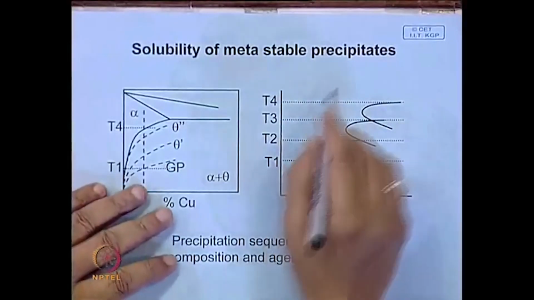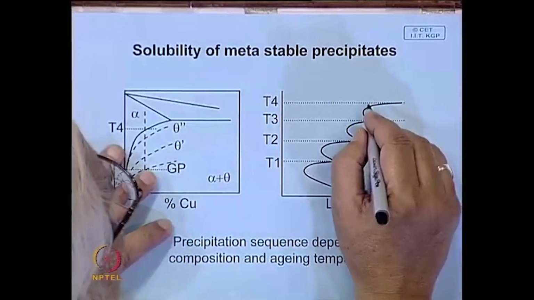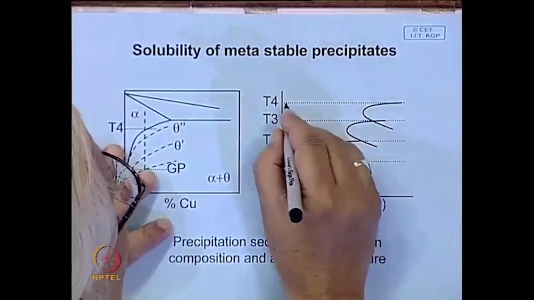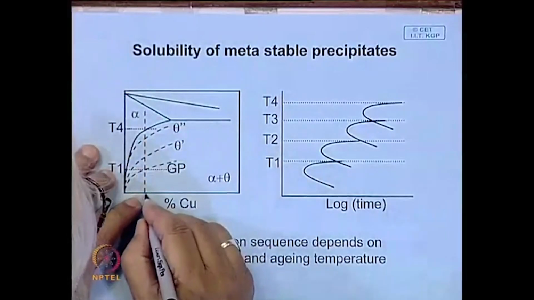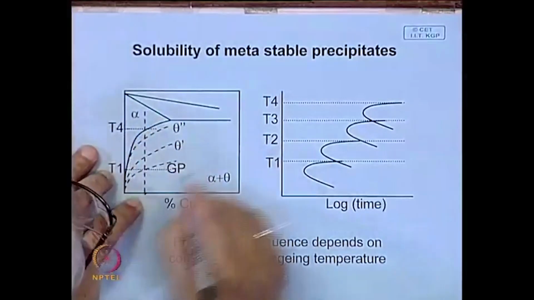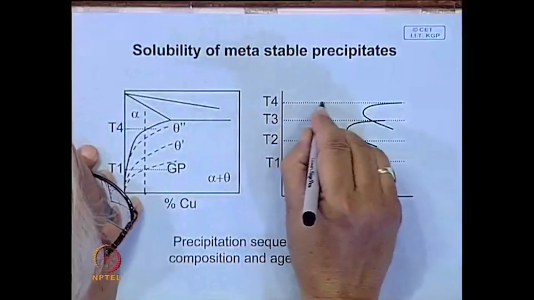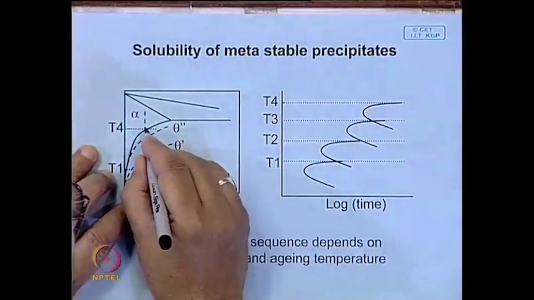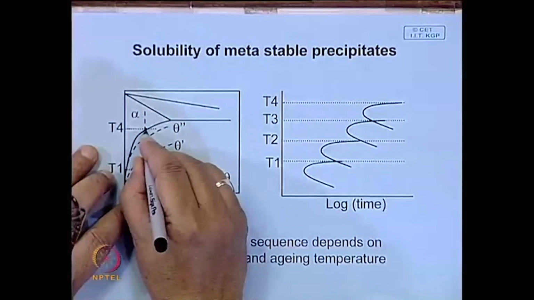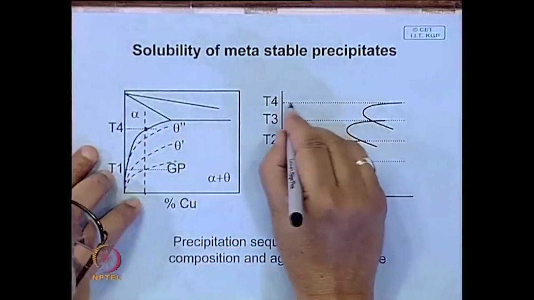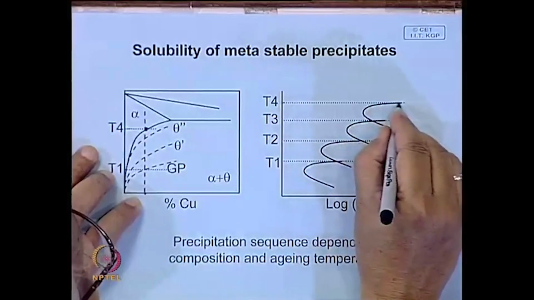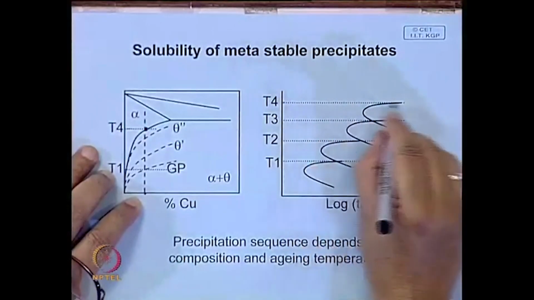If you look over here, this is the alloy of a particular composition, and we have kept it at temperature T4. T4 means here, which lies on the solvus curve. So, even if you keep it for an infinite length of time, there will not be any precipitate.